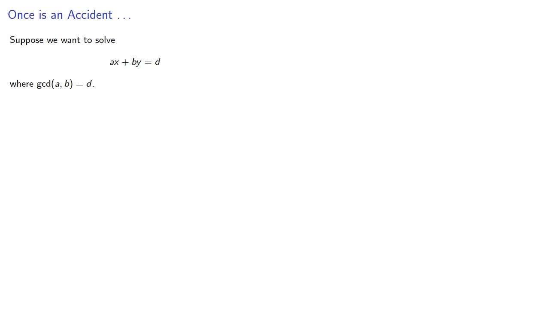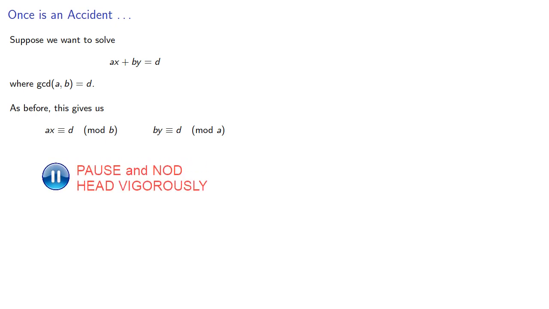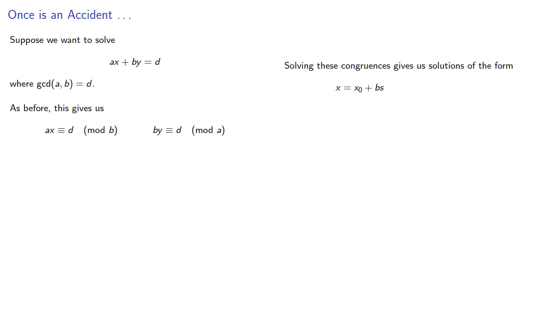So suppose we want to solve a linear combination equal to the greatest common divisor. As before, we can reduce these mod both coefficients. We know we can solve these congruences, and so our solutions will be something of the form something plus a multiple of b and something plus a multiple of a.